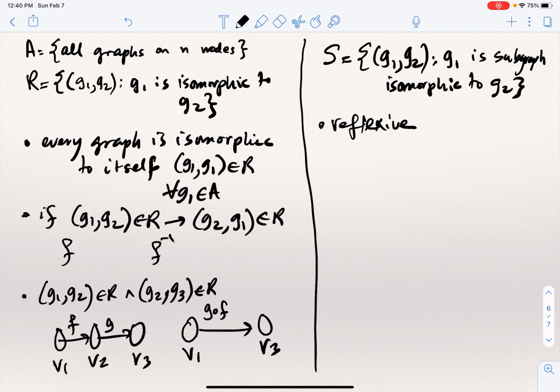The answer is yes, because it's the same graph. So it is reflexive. Is it symmetric? The answer is no, because if a graph G1 is subgraph isomorphic to G2, it doesn't mean that G2 is subgraph isomorphic to G1. In fact, G2 could have even more nodes than G1. It's then impossible to be subgraph isomorphic to G1. It is not symmetric.